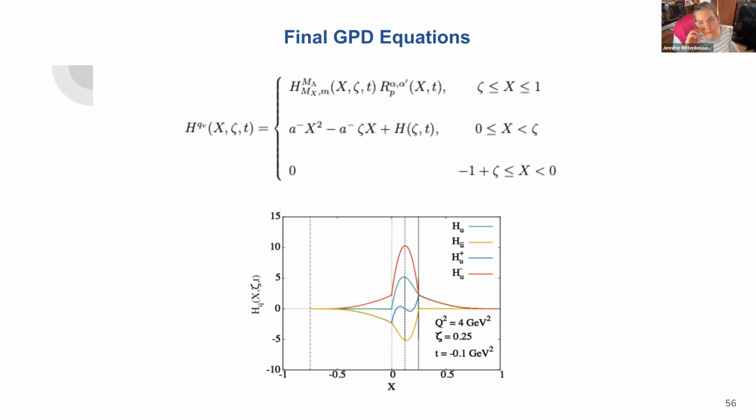Brandon, I'm just curious, what was the initial mass of the spectator diquark? And when you let it run or turned it into a spectral function, where was it peaked? How much did it change? Yeah, that's a good question. I don't know off the top of my head.